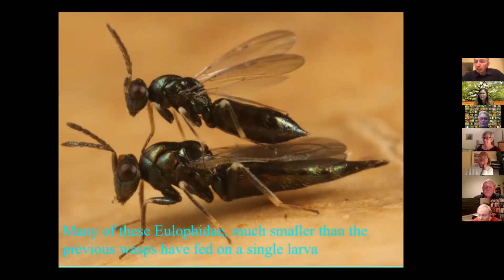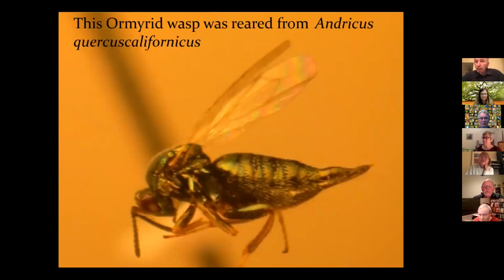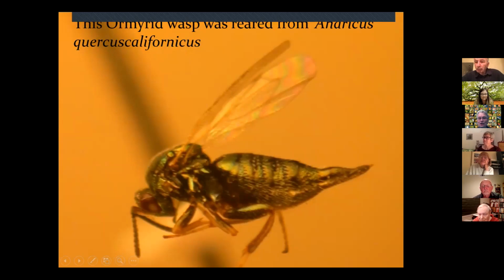So multiple parasitic wasps will feed on a single gall-inducing larva in this case. And here's the Ormyrid. An old picture I took, but you can see her beautiful metallic coloring and the sort of scalloping shape that she's got. Just gorgeous, beautiful sculpture on this wasp.